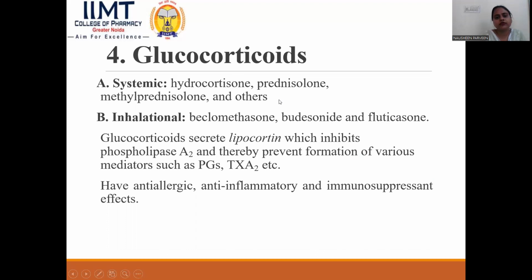Next class for bronchial asthma is glucocorticoids, and subclasses are systemic and inhalational. Systemic examples are hydrocortisone, prednisolone, and others. And inhalational examples are beclomethasone, budesonide, and fluticasone.